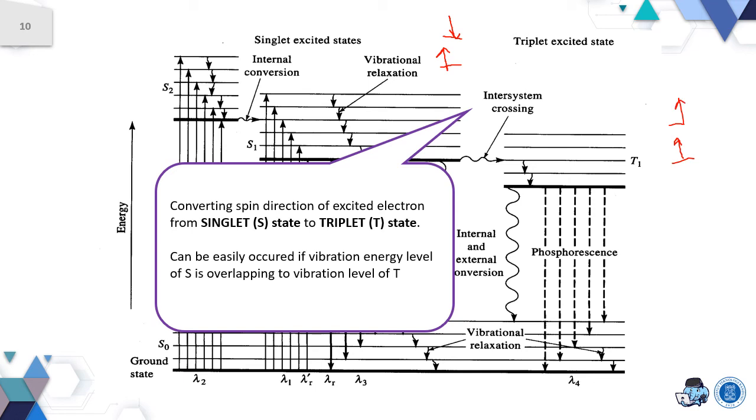It can easily occur if the vibrational energy level of the singlet state is overlapping with the vibrational level of the triplet state. But take note that, as I already told before, intersystem crossing is less probable to happen than the other relaxations, like internal conversion and vibrational relaxation, because it's really less probable for the singlet state to go to the triplet state.